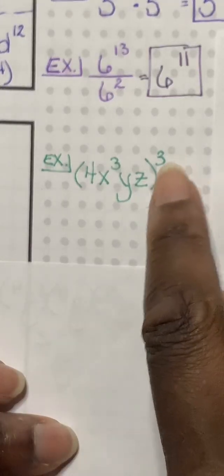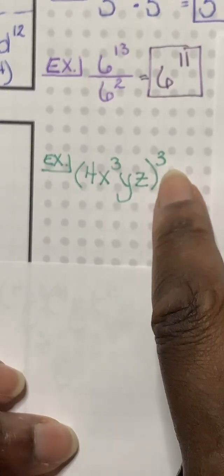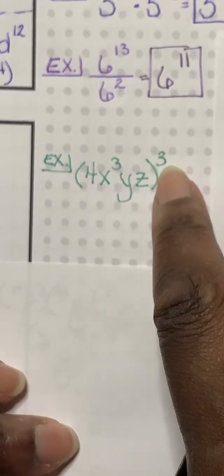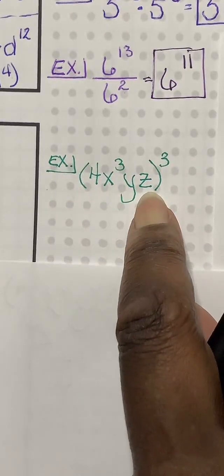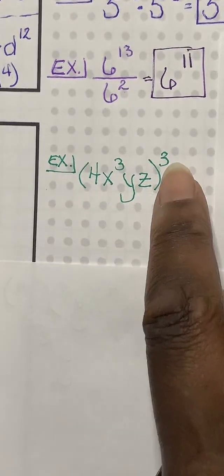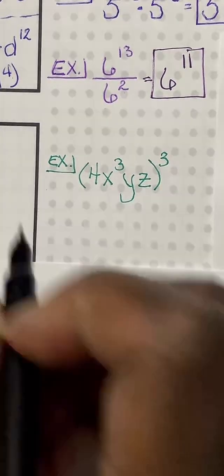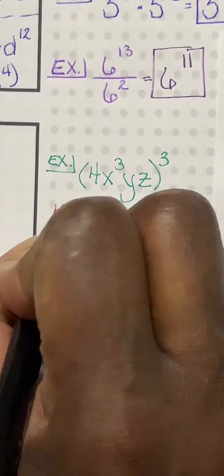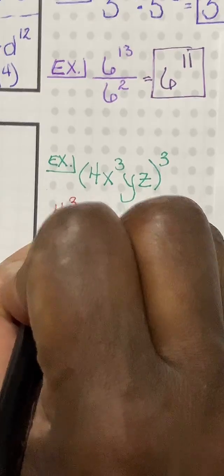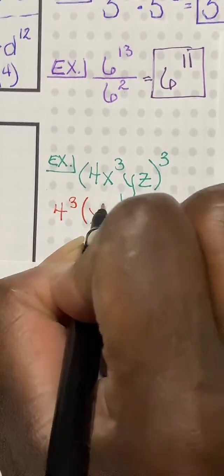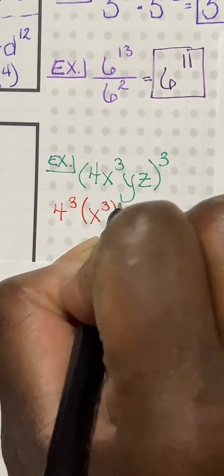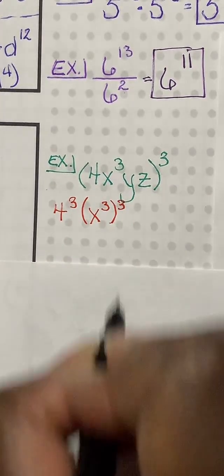But everything inside that parenthesis is being raised to the third power. So that means the 4 needs to be raised to the third power. Okay? The x cubed needs to be raised to the third power.